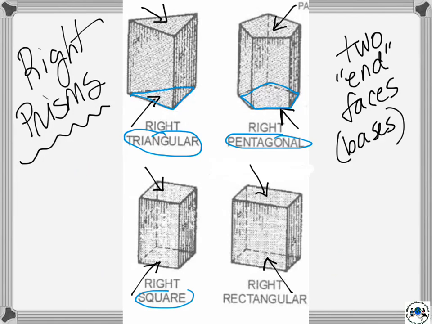In here, they are square, 4 sides that are all equivalent, and then a rectangle, 4 sides which aren't necessarily equivalent. But of course, you know that a square is also officially a rectangle. Anyway, so 2 end faces, bases, which go along with their names. You have the one there and the one on top as well.